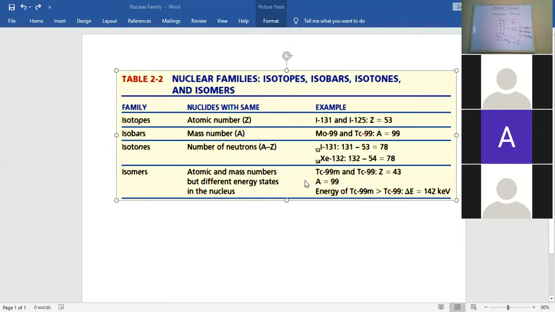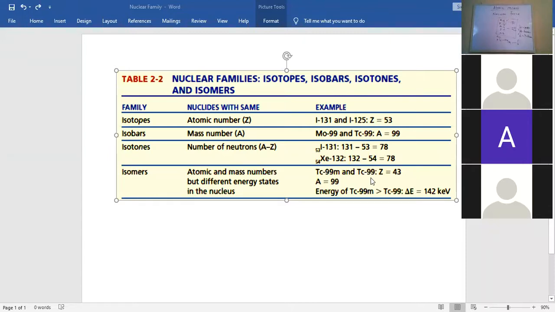One is more energetic than the other. Technetium 99m is more energetic than technetium 99. In nuclear medicine, the energy between them is of the order of about 142 kiloelectron volt.